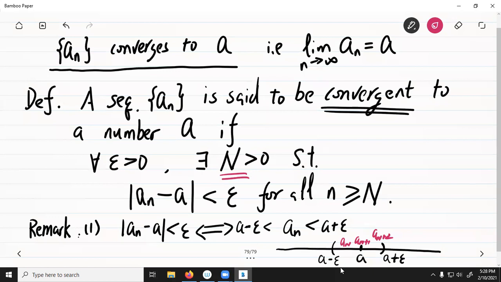Because this is an infinite sequence, right? You have infinitely many members. So all the members are inside this interval, no matter how small an epsilon you choose.